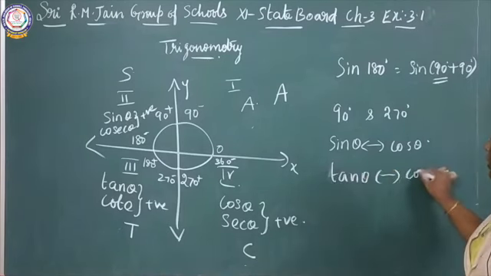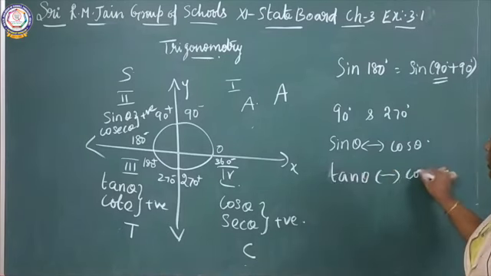So the coterminal angle for 395 degree is 35 degree.